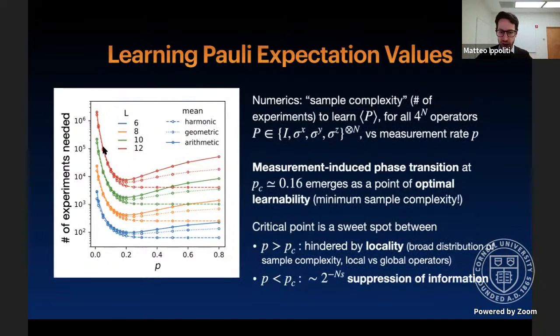So below PC, everything becomes hard, as expected. So these curves take off. And then above PC, you are aware of locality, and locality plays a weird trick in the sense that it makes it easy to learn small operators, but very, very hard to learn the big ones, actually worse than it would be if you just did a random unitary on everything.